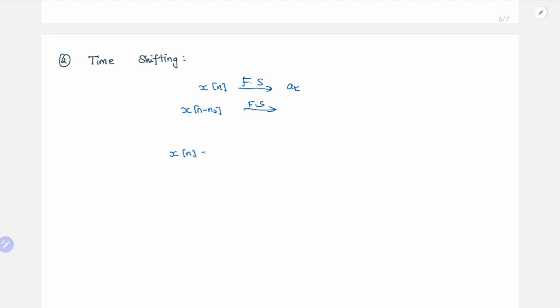So x[n], what do you have? Summation k over N of a_k e^(jk(2π/N)n). So I'll write x[n minus n0]: summation k over N of a_k, where this n alone I need to replace with n minus n0.